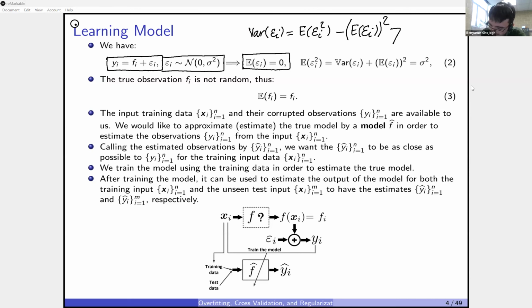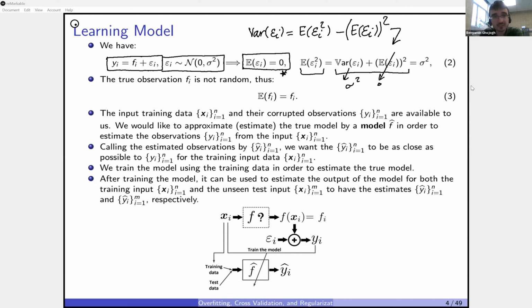So if we rearrange that, we'll have this second moment equals variance plus expectation squared. We know that this expectation is 0 because we just saw it here. And this variance is sigma squared because of the variance of the Gaussian. So we'll have sigma squared, right?